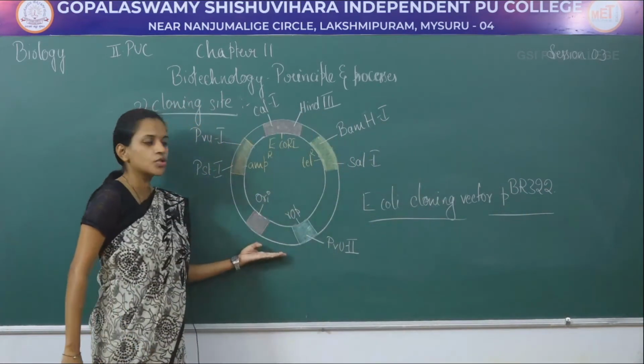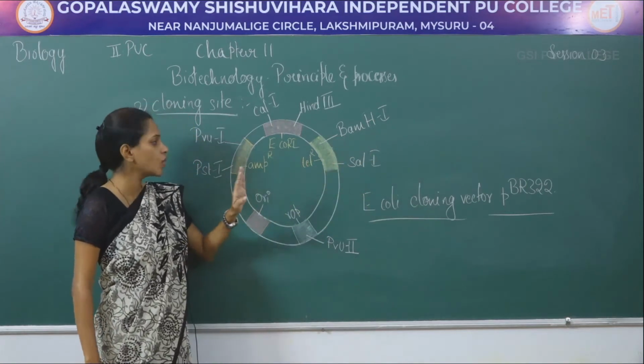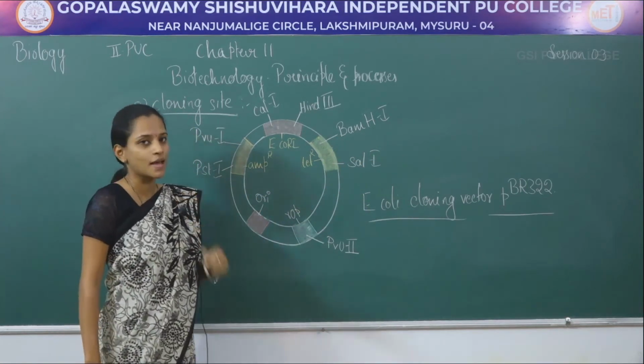So, this is the structure of an E. coli cloning vector, that is PBR322, a very important question in your examination.